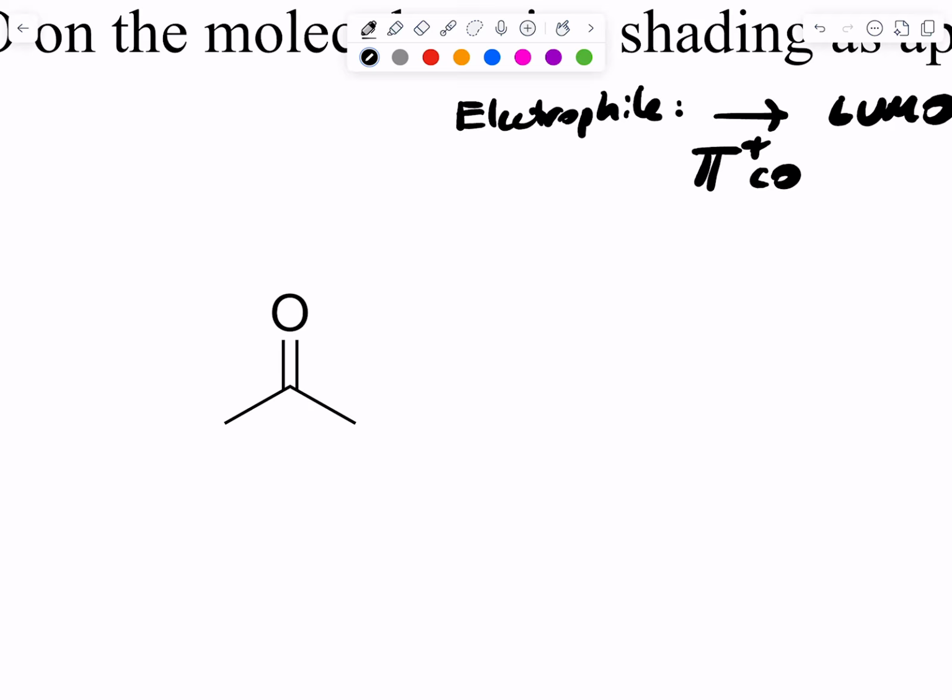So if we draw that pi star on the molecule, you draw a node in between the 2 nuclei. You draw a large lobe on this carbon and another lobe on the oxygen. You'd shade them opposite because there's a node in between. And then you would show the lobes that are below the plane of the page, as is the case for all pi-type orbitals.